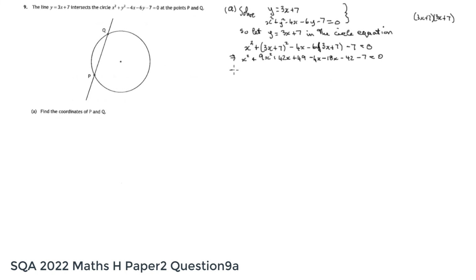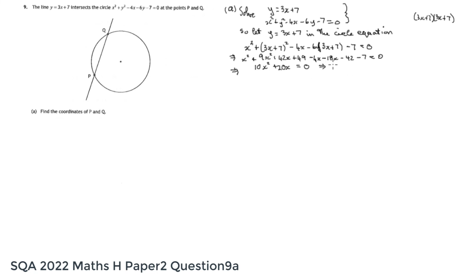So let's tidy up this, what appears to be a quadratic equation in x. We've got 10x squared. X terms, there's 42 minus 4, that's 38, minus another 18, that's 20, so 20x. Then constants, 49 minus 42, 7 minus 7. Well, that gives you 0, so the constant term disappears. And this is a neat little equation.